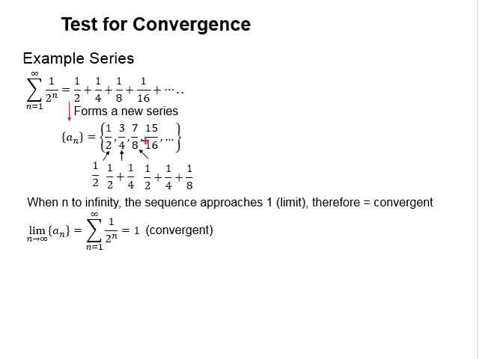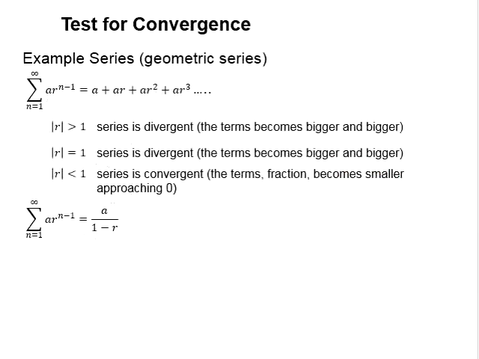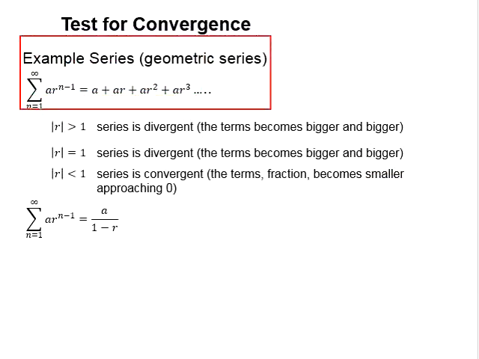And when the number here is greater, it becomes closer to 1. So when n goes to infinity, the sequence is approaching 1, which is the limit, and therefore it is considered convergent.